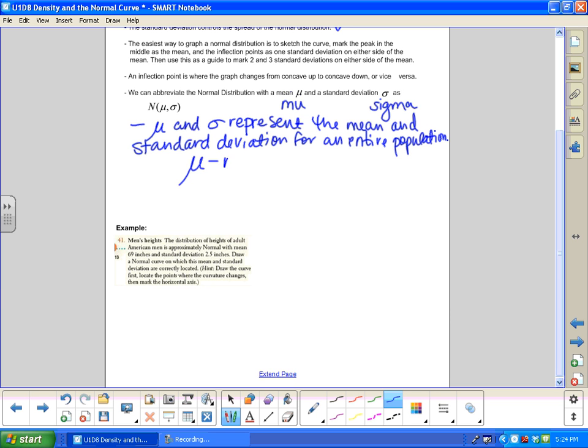Let's write this again. This is mu, which represents the population mean. Remember, x bar was what we were using before, and this is our sample mean.